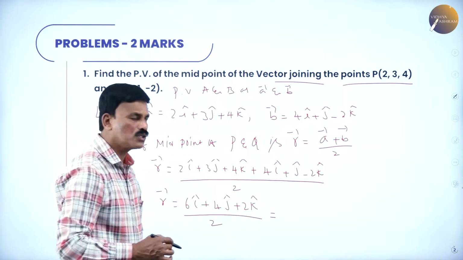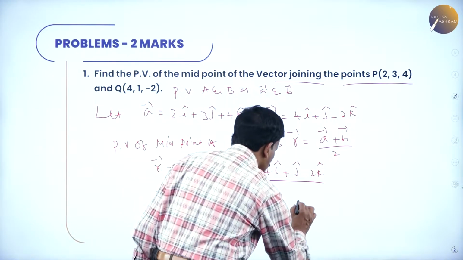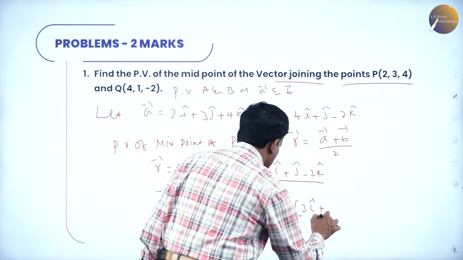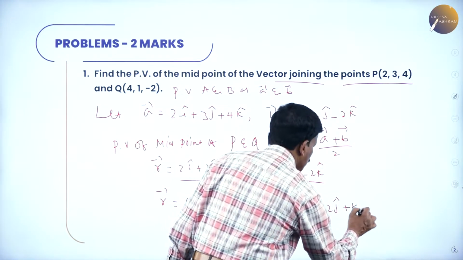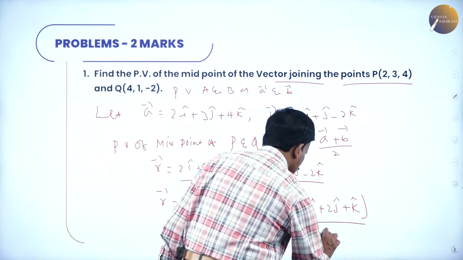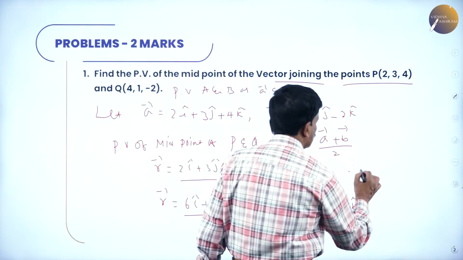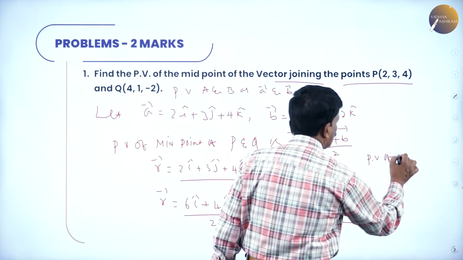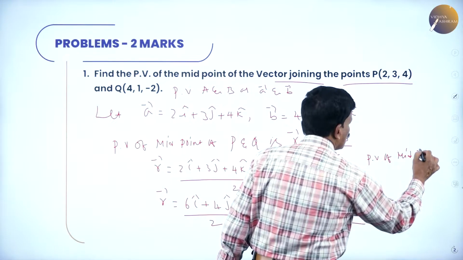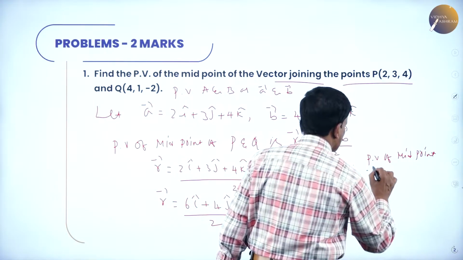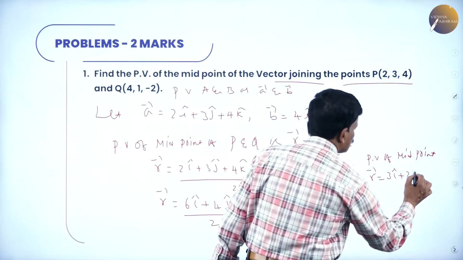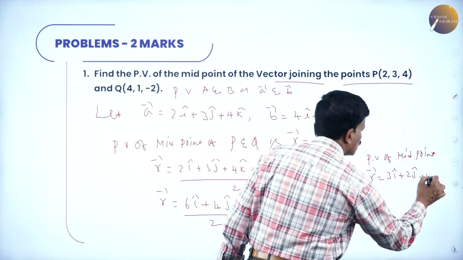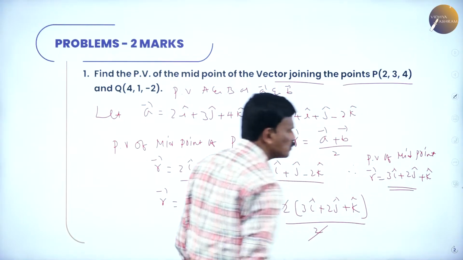You can take 2 common out of the numerator. This is 3i cap plus 2j cap plus 1k cap divided by 2. This 2 gets cancelled. Therefore, the position vector of the midpoint of P and Q is vector R is equal to 3i plus 2j plus k cap. This is the midpoint. That's it.